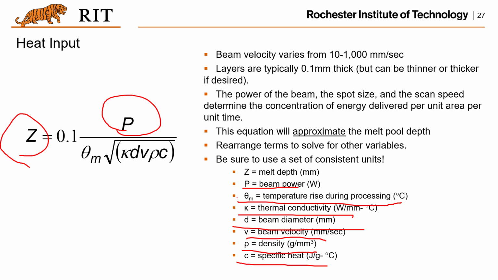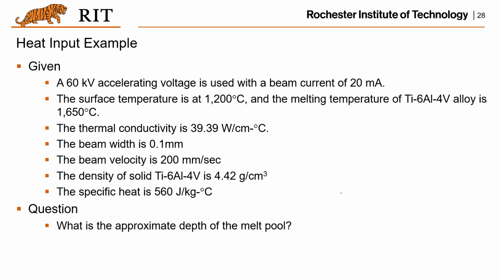Basically, once you know all these values, you just substitute them into this equation, and you will have the melt depth. A very important thing is, before you do the substitution of all these known parameters, be aware of the units. You need to be careful when you do these calculations.